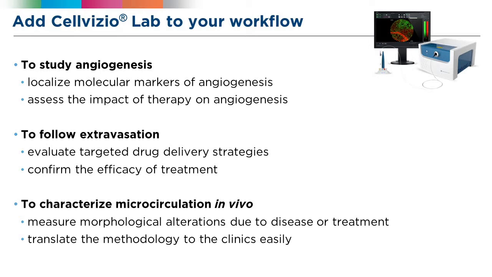You can follow in vivo extravasation to evaluate different strategies of drug delivery, or even to confirm the efficacy of the treatment. Or another application is to characterize microcirculation in vivo. You can measure morphological alterations that can be due to the disease or the treatment, and you can translate that methodology to the clinics quite easily.